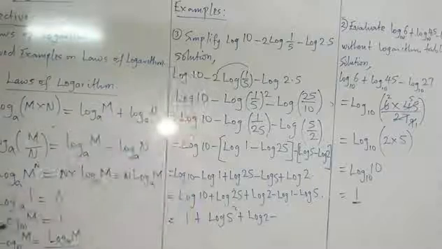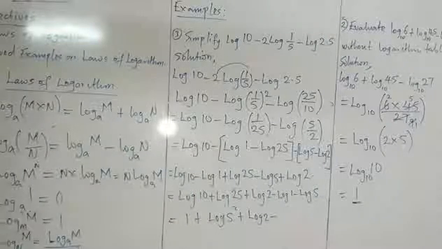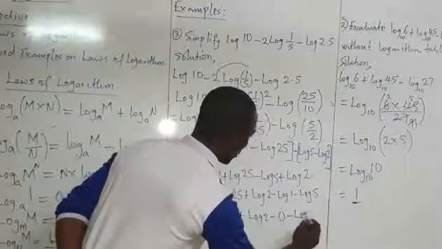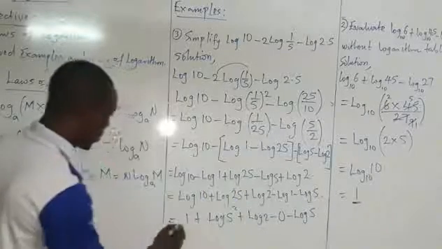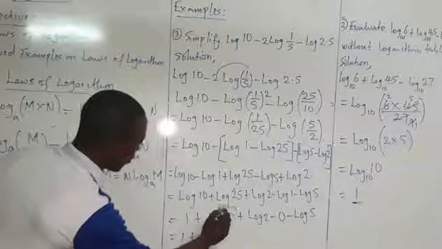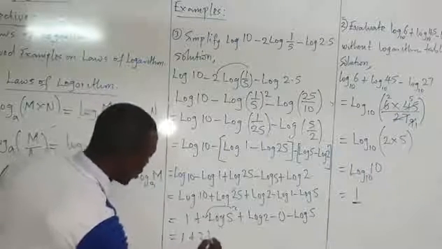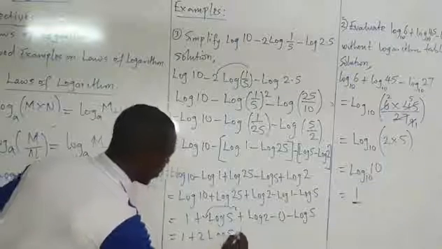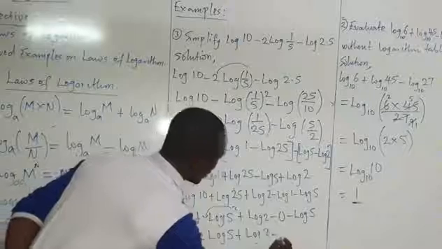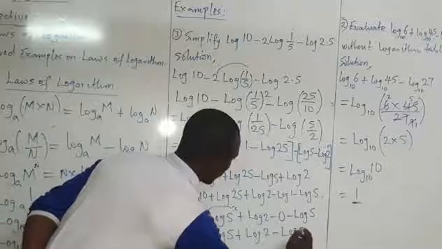Log 1 is what? Log 1 base 10 is 0. So we have 0 there minus log 5. Then from here we have 1 plus 2 will come to the front. So we have 2 log 5 plus log 2 minus log 5.